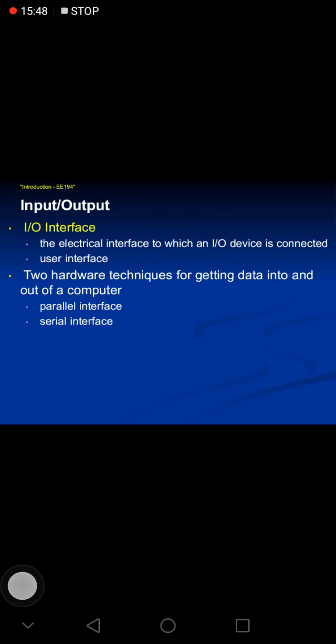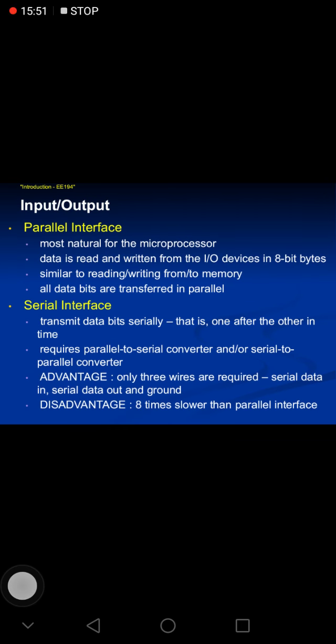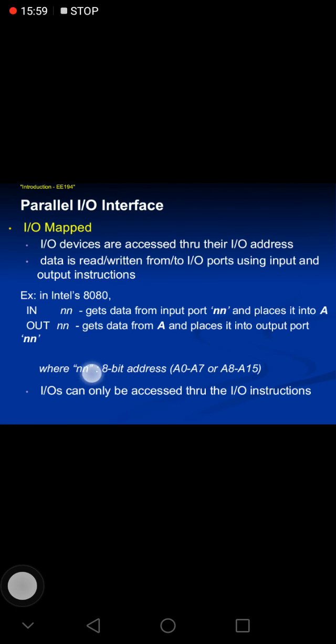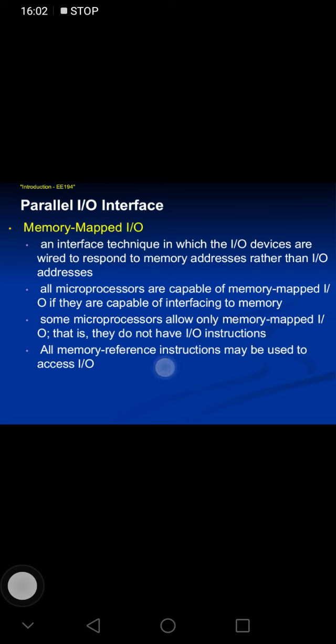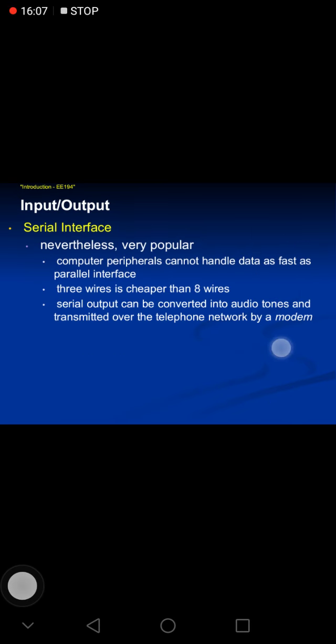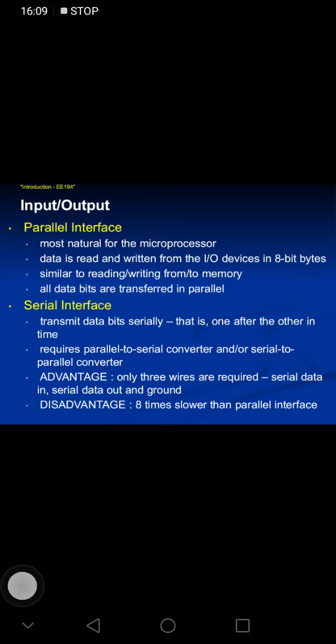Okay? So input and output. Okay? Basahin lang natin siya, serial interface. Serial interface transmits data bits serially. So ito yung pag-transfer ng data, okay? That is one after the other in time, no?